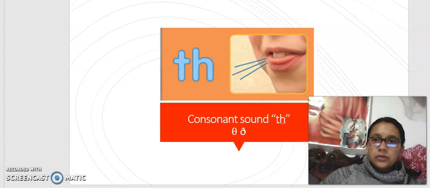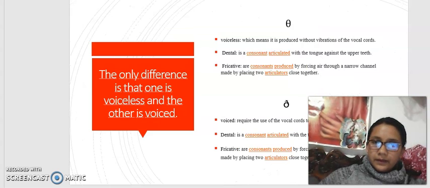However, we must note that one sound is voiceless and the other is voiced. This is the only difference between the sounds: one is voiceless and the other is voiced.